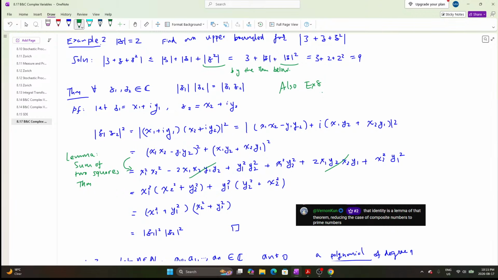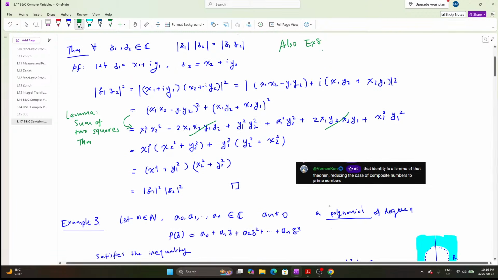Namely, you can break the sum of 2 squares into a sum of 4 squares, and whenever these coordinates x1, x2, y1, y2 are integers, this way you can write a sum of squares of 2 integers into a sum of squares of 4 integers, which can be useful in number theory. Vernon said this morning that the identity lemma of that theorem is called the sum of 2 squares theorem, reducing the case of composite numbers to prime numbers.